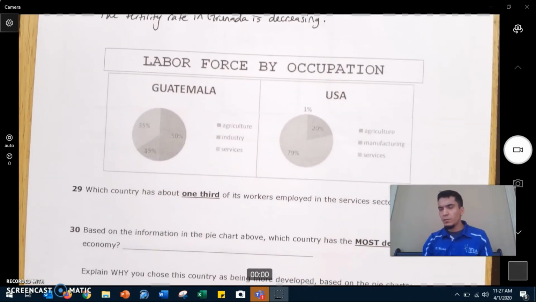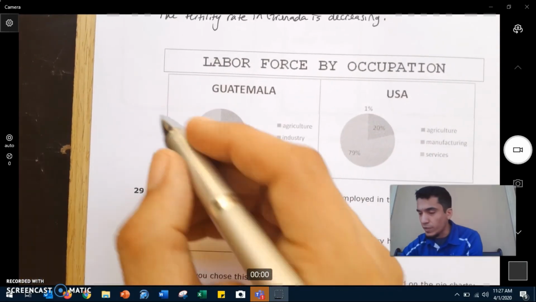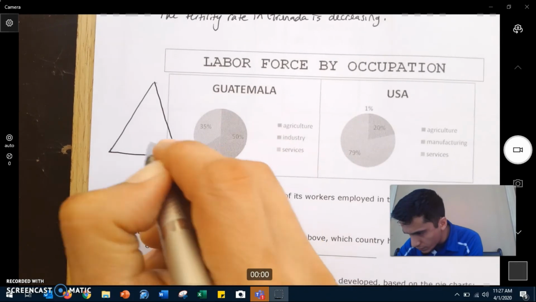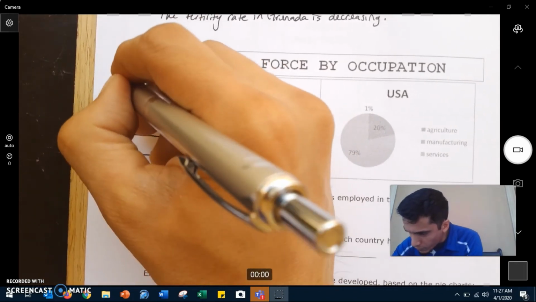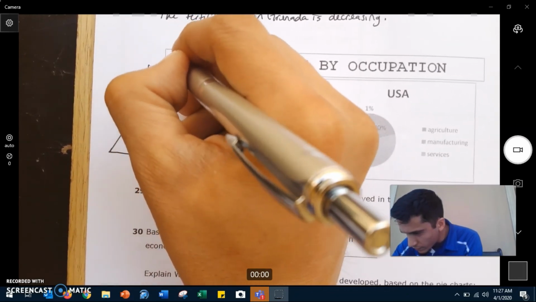Okay, labor force by occupation. This is where we learned earlier in the year the 3 economic sectors. Okay, so if you did not draw this somewhere on the side, please do so at this time. This is just a quick review. At the top, we have the tertiary sector, which is going to be the services sector.